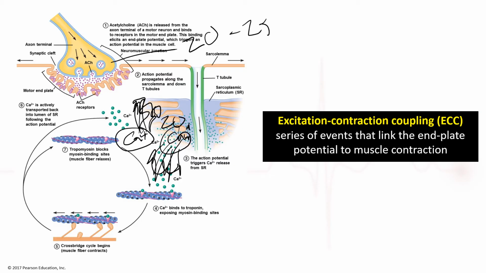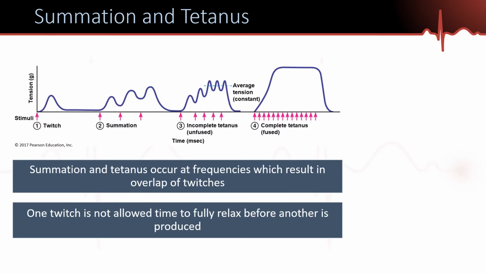It just doesn't work. All I want you to get out of this is to see what twitch, summation, and tetanus is. Right? It's all about how we get a muscle fiber to generate maximal force. And I hope when you look at something like this, you now know what it's showing you.